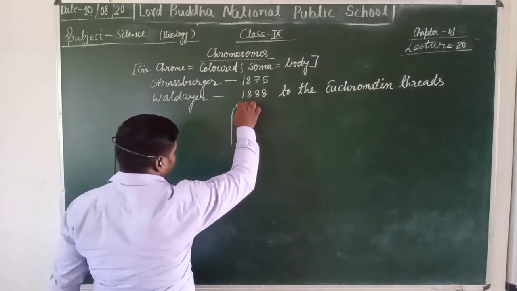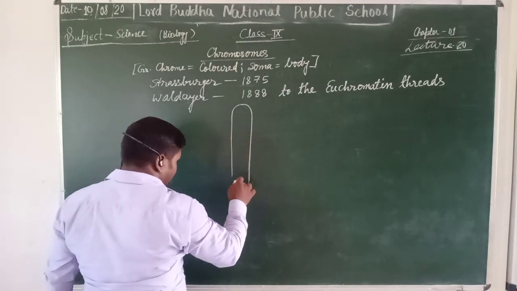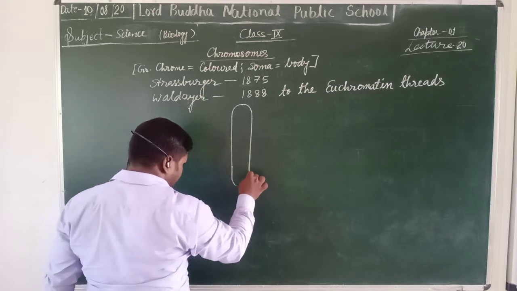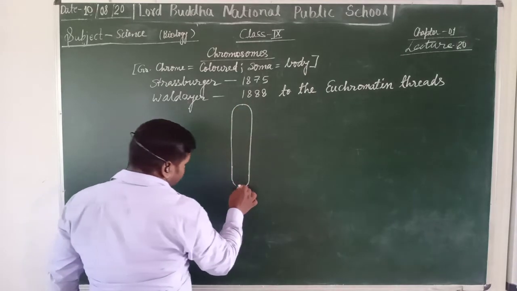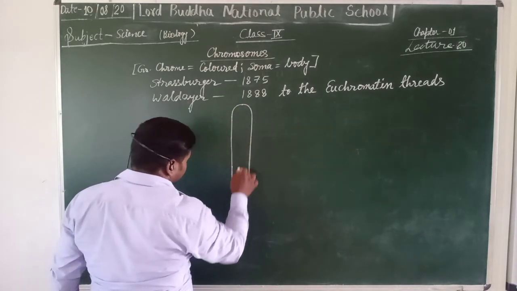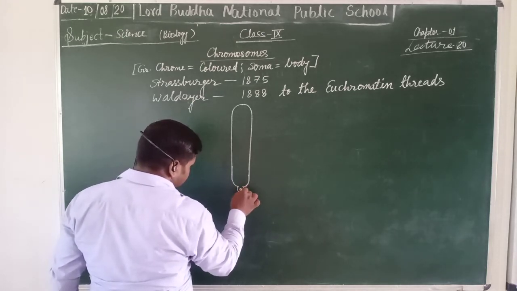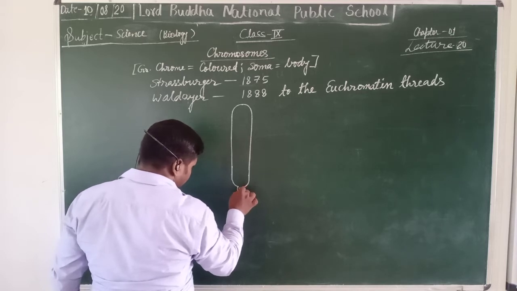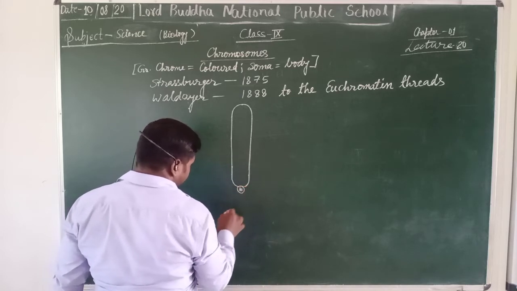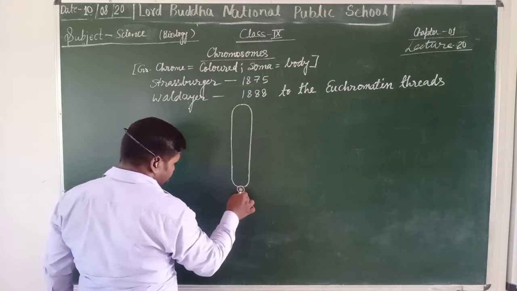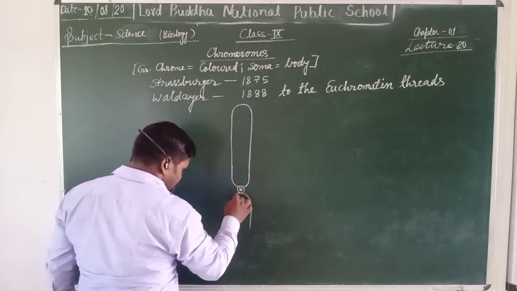This is the outermost single membrane, made up of a very particular type of protein called pellicle. Here is the region of primary constriction, where the chromatids are fused with one another to form a central body called the centromere.